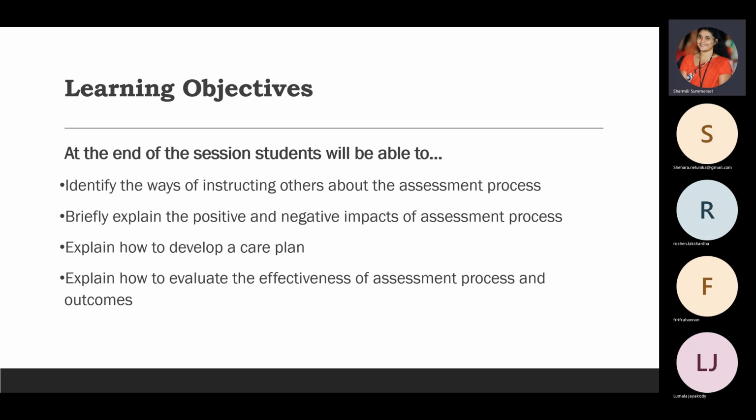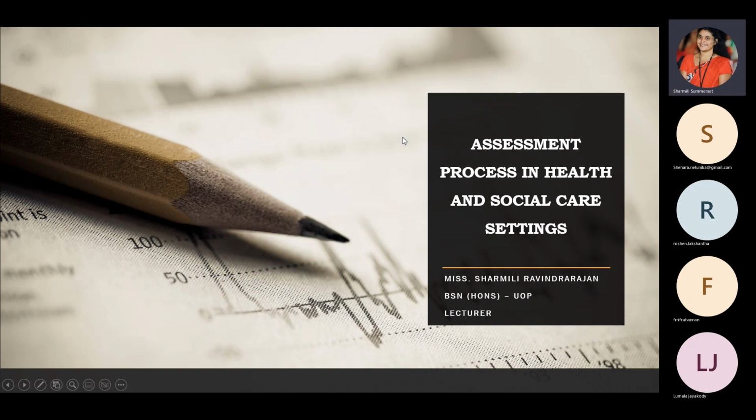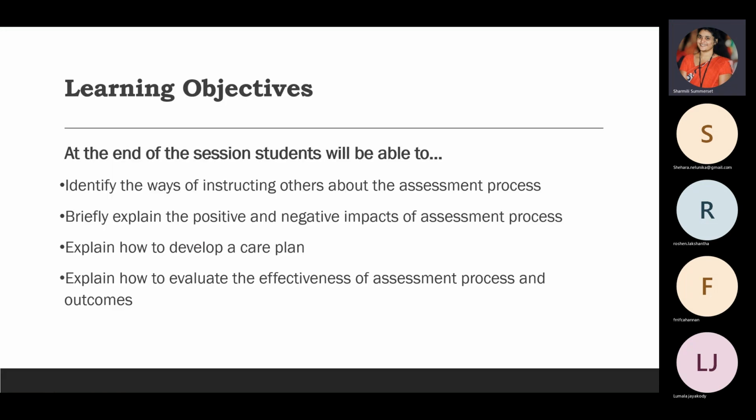So these are the learning objectives of today's session under the assessment process in health and social care settings. At the end of today's session, you will be able to identify some ways. We studied the meaning of assessment and how we can conduct an assessment in health and social care settings.